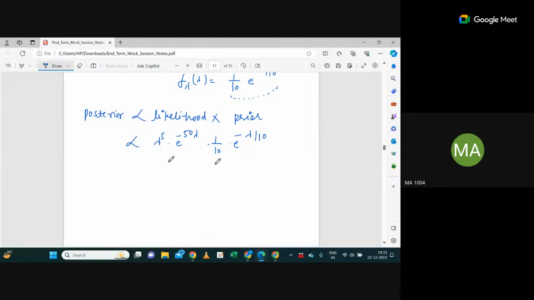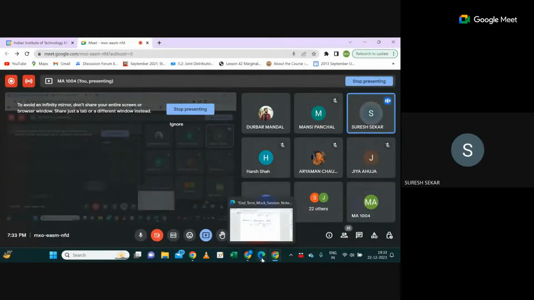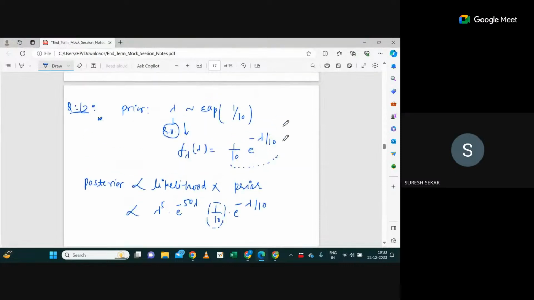Now, since this is proportional, we are not using the equality sign. The prior is 1 by 10 e to the power minus 1 by 10 into x, but here instead of x I have lambda. Here lambda is not a parameter or constant value; it is itself a random variable.